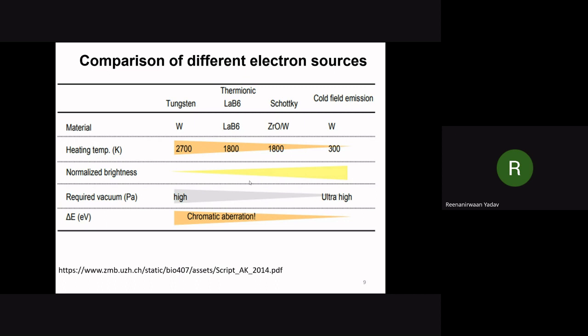But the main difference is in brightness and chromatic aberration, or energy spread. Tungsten filament gives poor brightness and has high chromatic aberration, which means our resolution is compromised. But the benefit is that we can operate it at a modest vacuum. It doesn't require the ultra-high vacuum condition inside the column. Next.